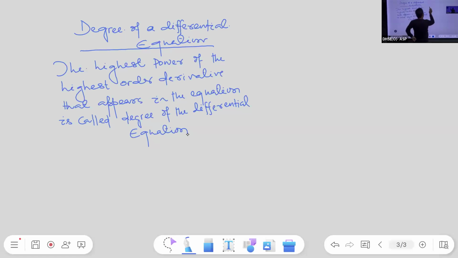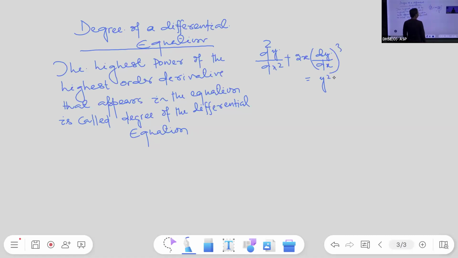So come to an example. Suppose an equation is like this: d square y upon dx square plus (2x into dy upon dx) whole to the power 3 is equal to y square. Find the order and the degree of the differential equation. Order is the highest order derivative.